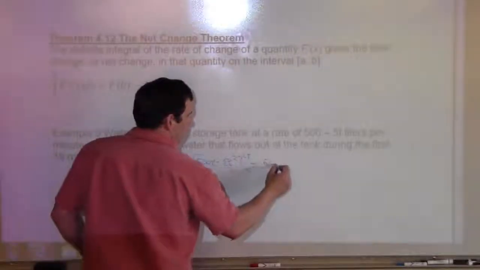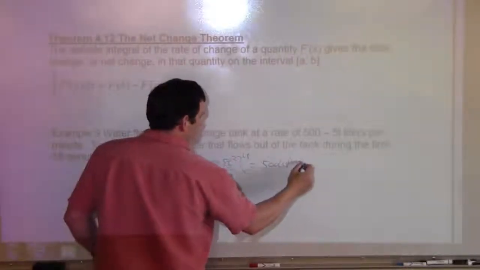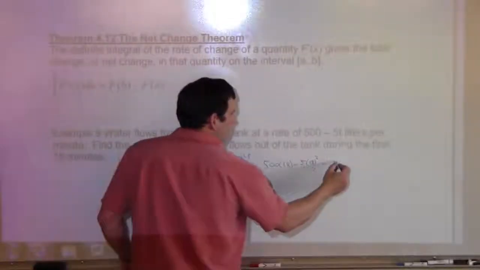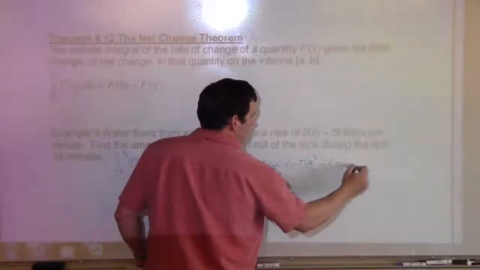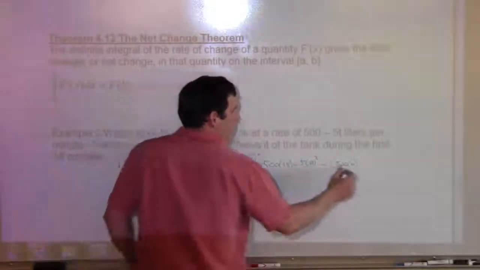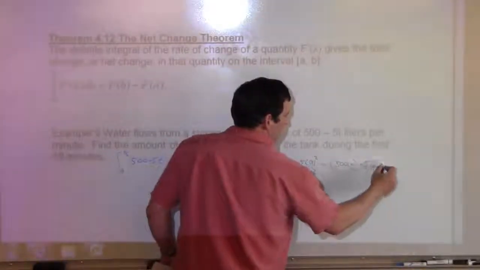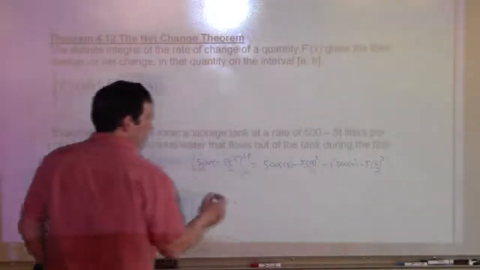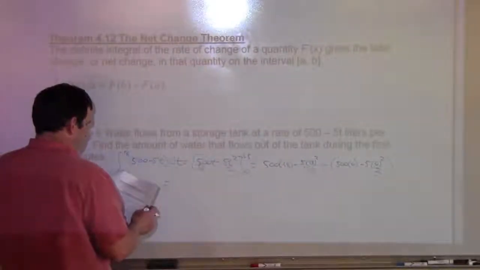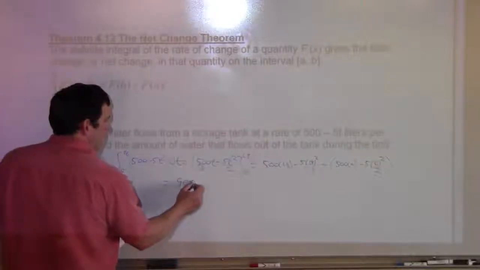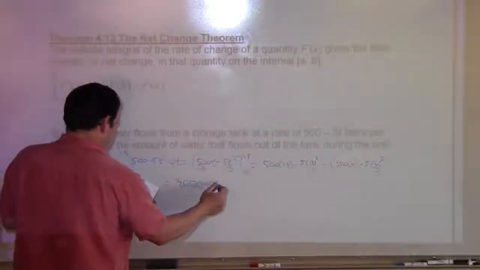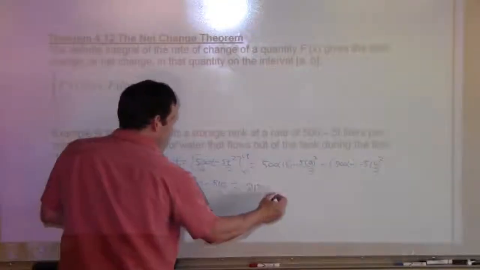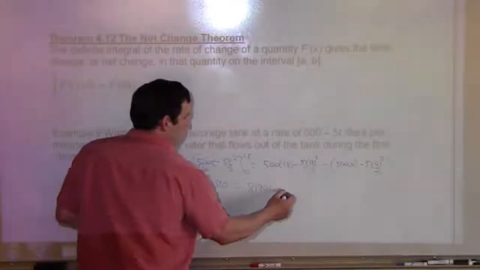That would be 500 times 18 minus 5 times 18 squared over 2, minus 500 times 0 minus 5 times 0 squared over 2. That's 9,000 minus 810, so it's 8,190 liters of water.